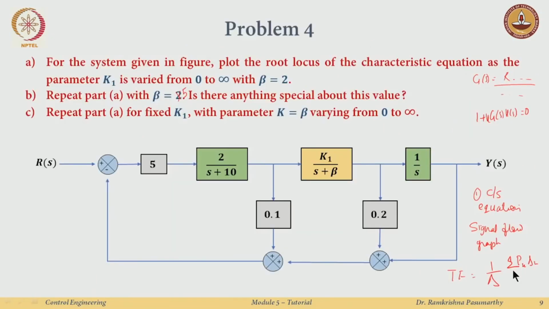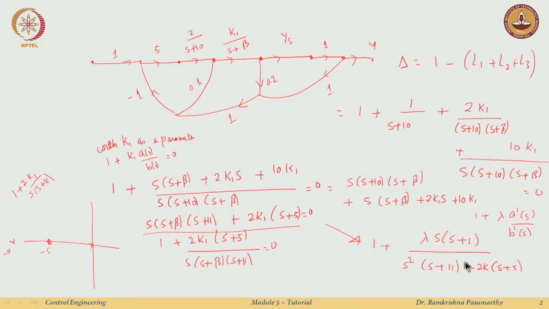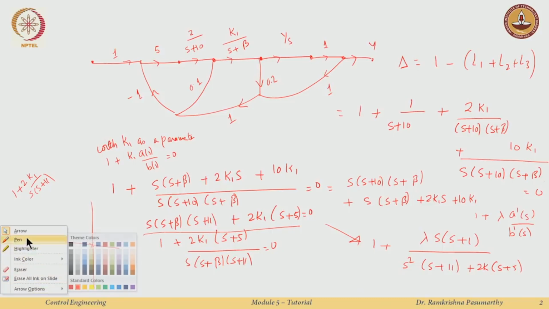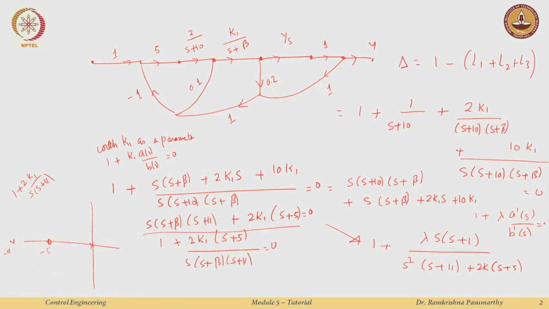Well, you can just take k1 equal to 1, and now I can look at what happens to the root locus when lambda varies from 0 to infinity, keeping k fixed. So, the idea is to just write down this characteristic equation in this form, 1 plus lambda a prime by b prime being equal to 0.